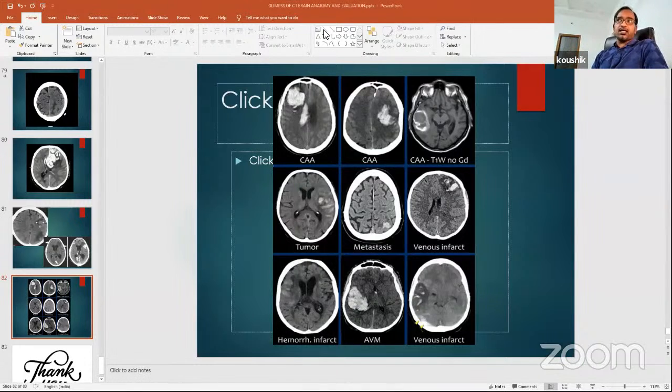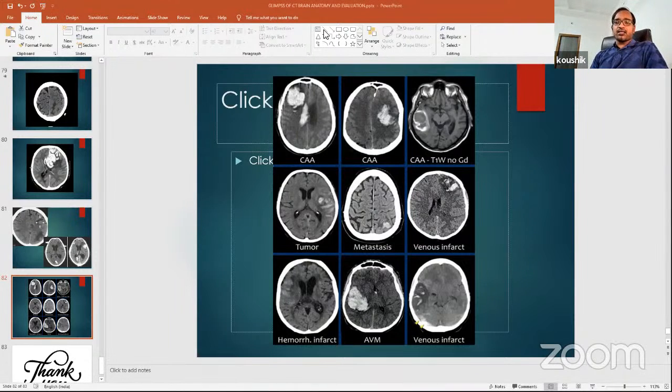Second thing, we have a separate sequence for the posterior cranial fossa, that is the CISS sequence, which is usually for vascular loops and the cranial nerves. For study of the cranial nerves arising from the brainstem, from the third cranial nerve to the 12th, all these nerves can be seen from their origin.